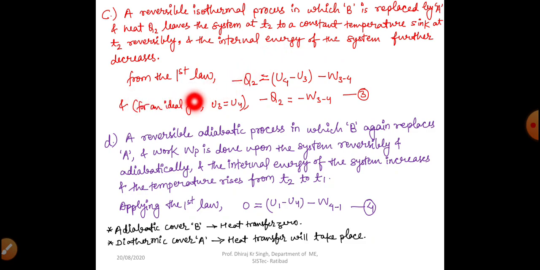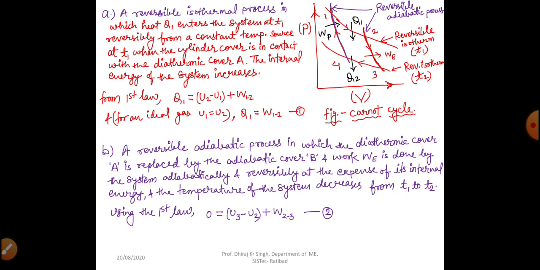So from the first law of thermodynamics, heat is rejected, so we will take a negative sign, minus Q2 equals final internal energy minus initial internal energy, minus W34. So why are we using minus W34? Because in this figure you can see that here heat addition takes place and expansion takes place, but this is compression, right?